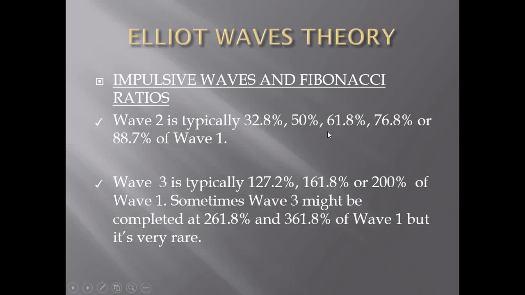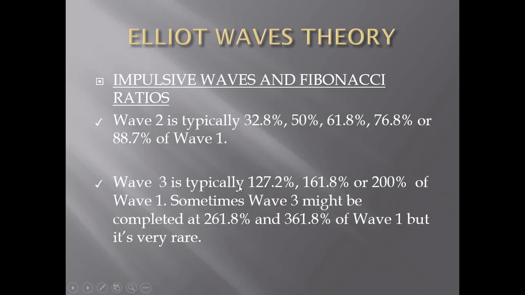However, in most cases, wave 2 is completed between 50% and 61.8%. And 61.8% is often called the golden ratio of wave 2. Based on my trading experience, I have also witnessed that wave 2 is often completed at 61.8%.